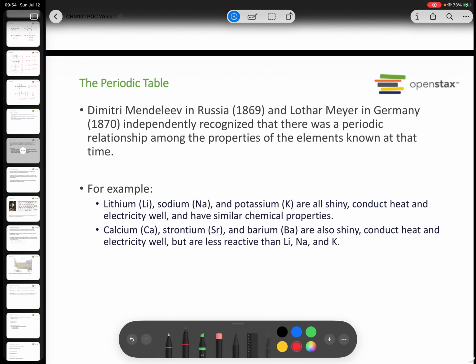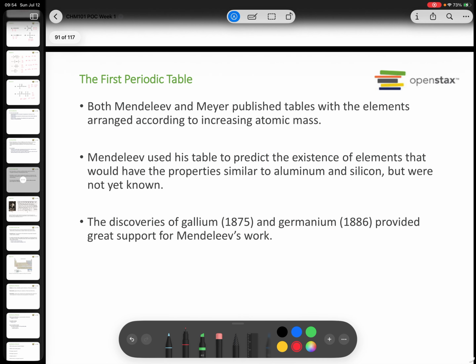And they have similar chemical behavior daw, no? Sabi nila. And then, calcium, strontium, barium are also shiny, but they are less reactive than lithium, sodium, and potassium, no? So, yun yung mga simple observation, pero napakalaki ng impact nila.